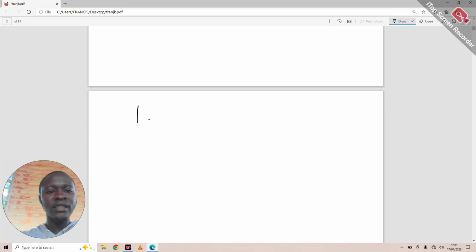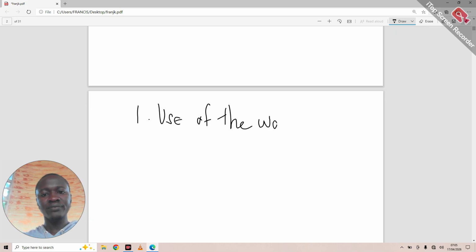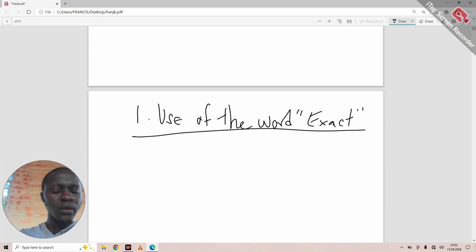Use of the word exact. Now listen. If a value, for example, the width of a rectangle, has been stated as exact, but its length is an approximation, we should neither find the maximum value nor the minimum value of the number stated exact.